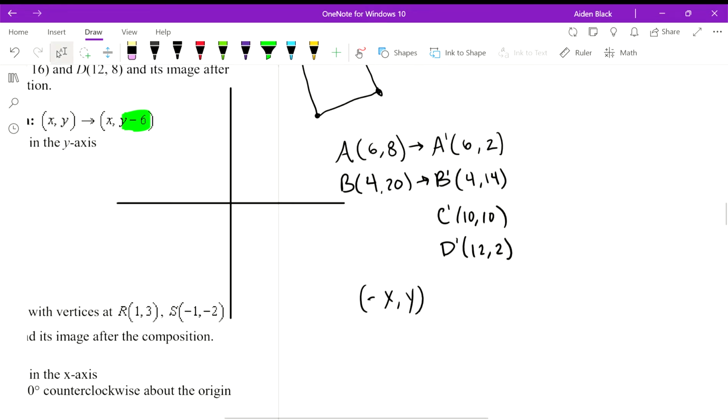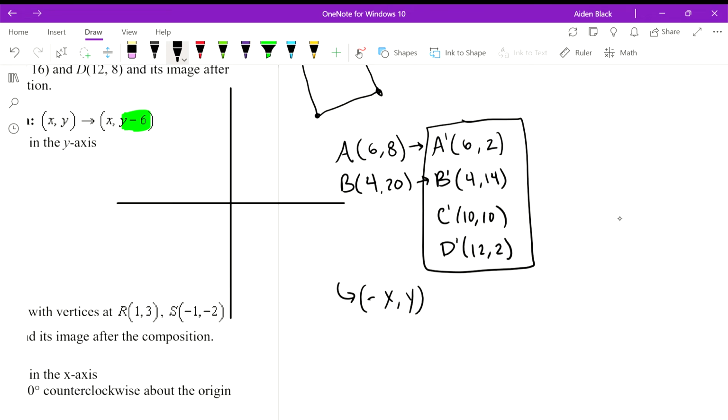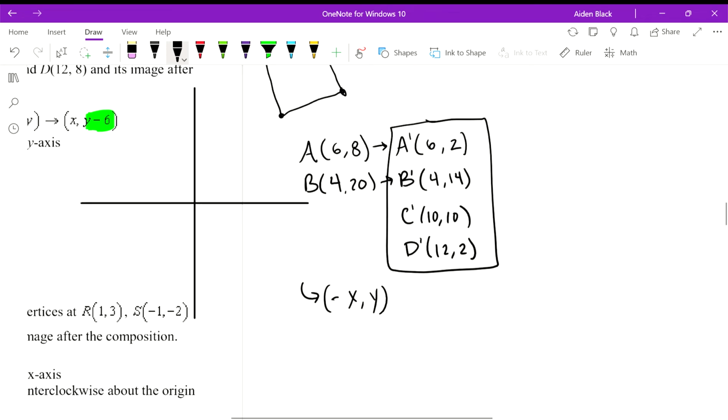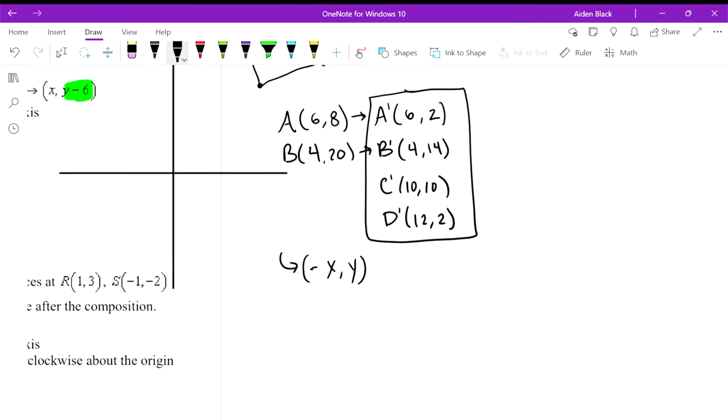So we'll perform this reflection by just taking A prime, B prime, C prime, D prime, and just running it through this function, because transformations are functions in geometry. Okay, so we get A double prime, should be negative 6, 2.